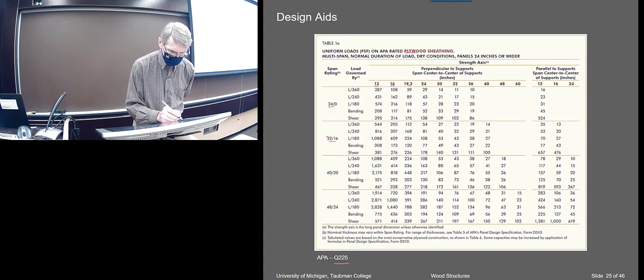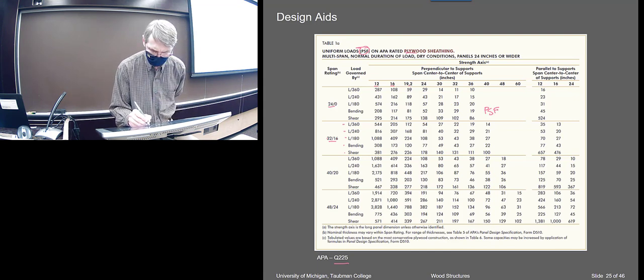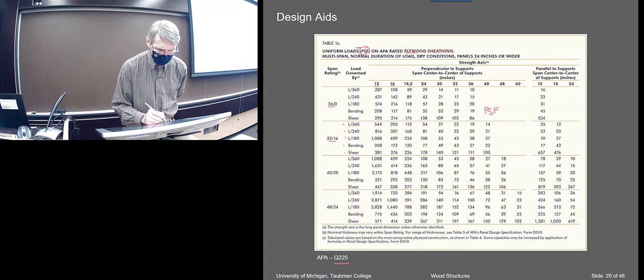So this would be your roof floor. These are the different, for different deflection ratings, also for bending and shear, and then this should be the strength in pounds per PSF, in PSF. So all these are PSF loads, and you can see some of them are pretty enormous.